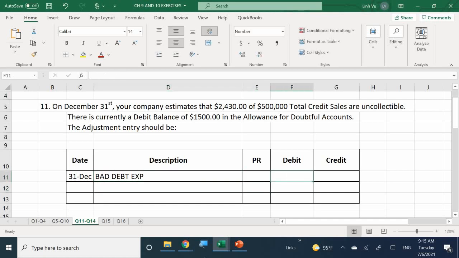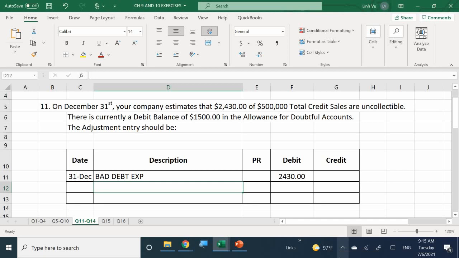For $2,430. How did you get that number? I just used the company's estimate. Good. And what made you only use the company's estimate? Because we're talking about credit sales and accounts receivable is not involved. Perfect. Excellent. So we're using the income statement method, where we don't care what is in the balance in our allowance for doubtful accounts because it doesn't appear on that worksheet.